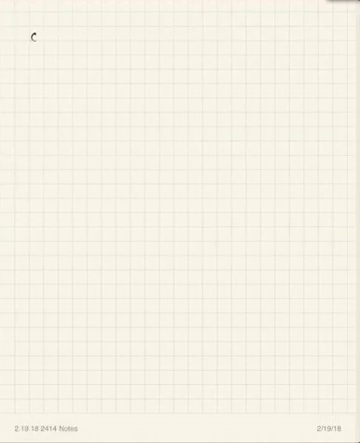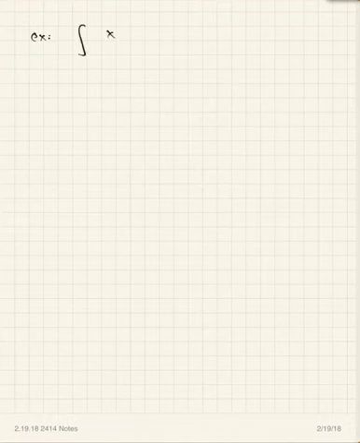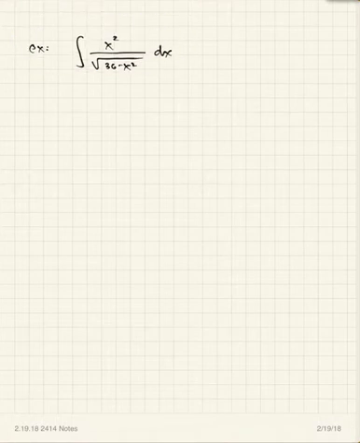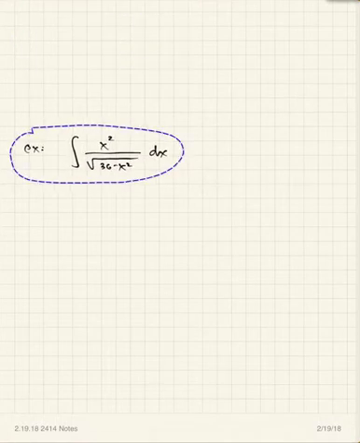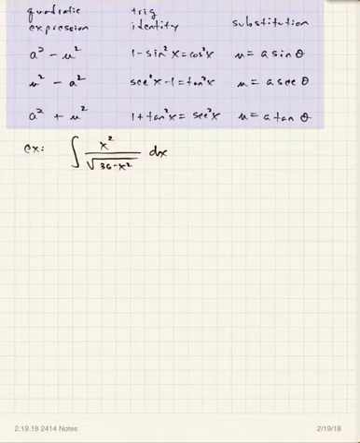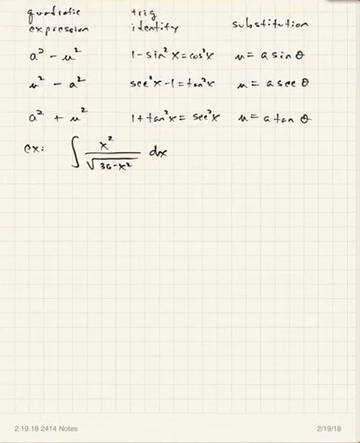All right, so let's look at another example for this. Let's say we have x squared over the square root of 36 minus x squared dx. And once again, I want to move this integral down here. And let's go ahead and paste in our chart. So we have that sitting here on the top of the page.